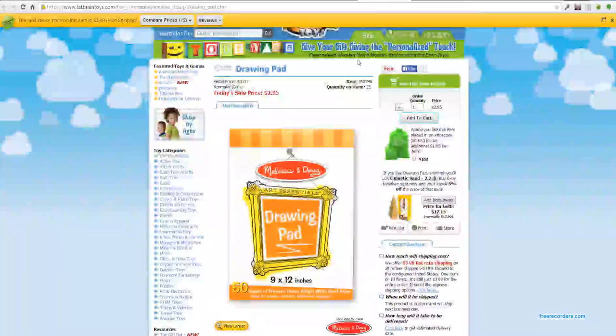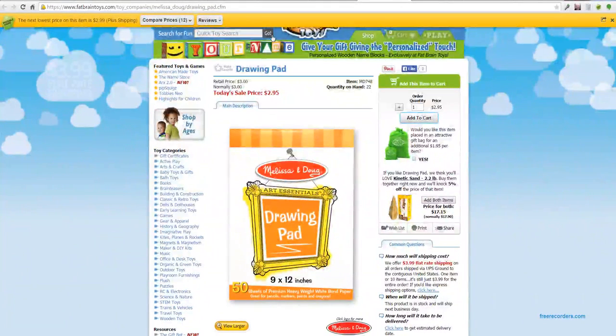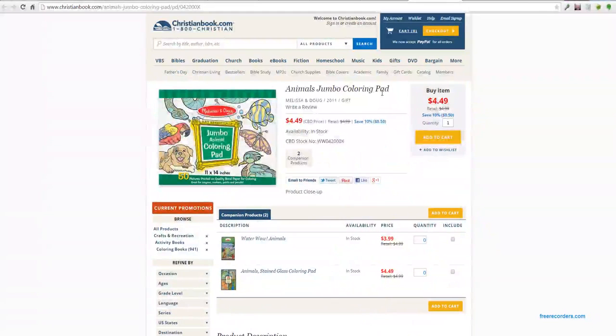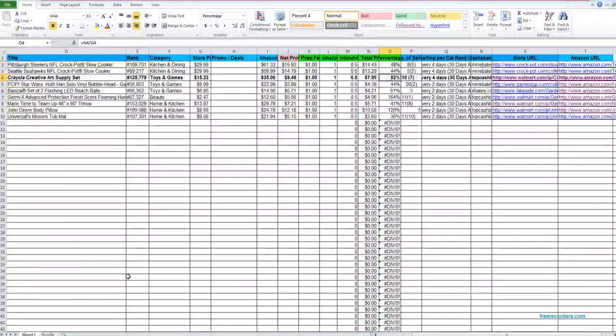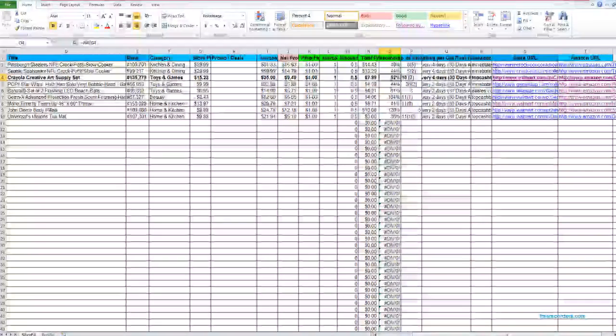I found the drawing pad for $2.95 at fatbraintoys.com, and I found the other one, the jumbo colouring pad, for $4.49 at christianbook.com. Now the calculations are pretty much the same, but instead of calculating one item, we're calculating based on all three items.